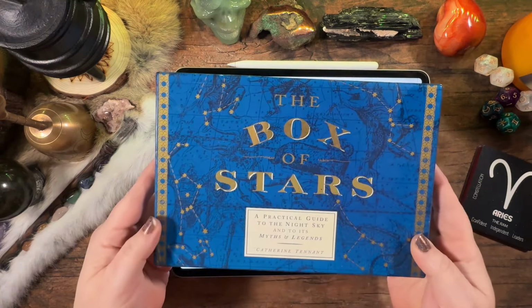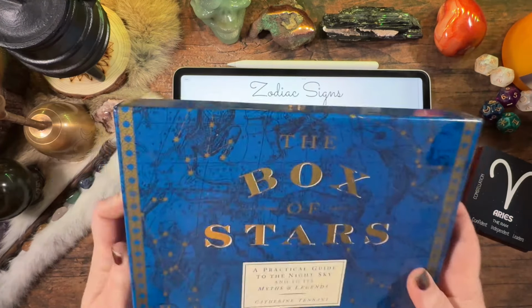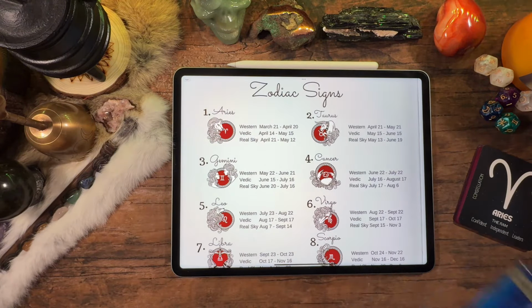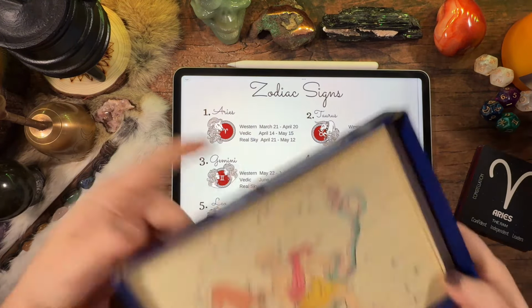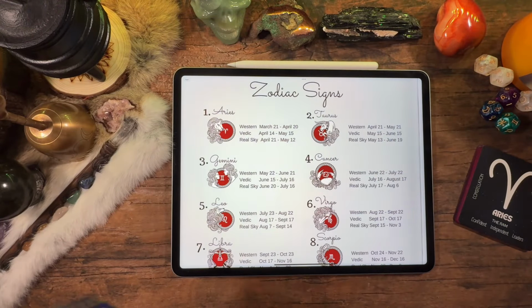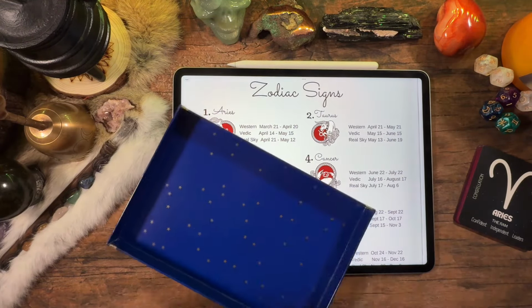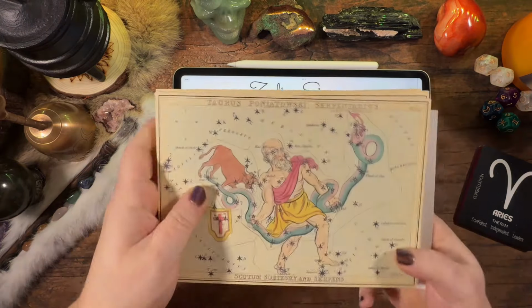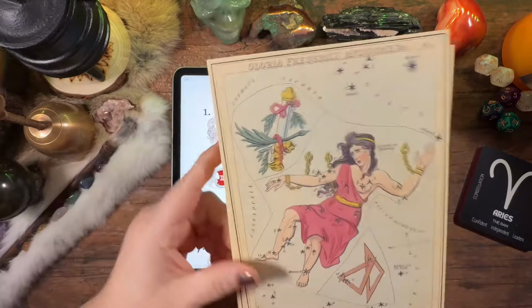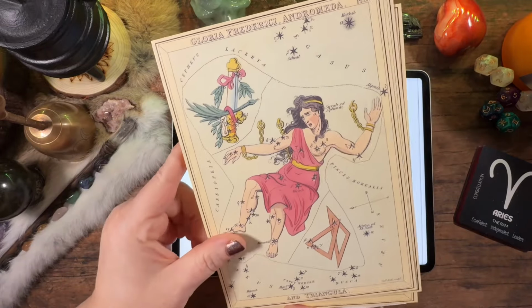I've got a box of the different stars, the constellations here. I'll show you what I mean, kind of. Of course, Ophiuchus is on top, right? Oops, sorry. So what's this one? Triangula.